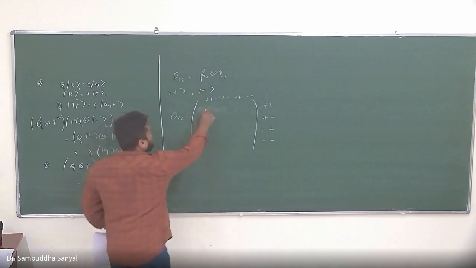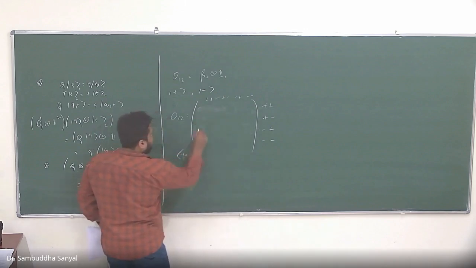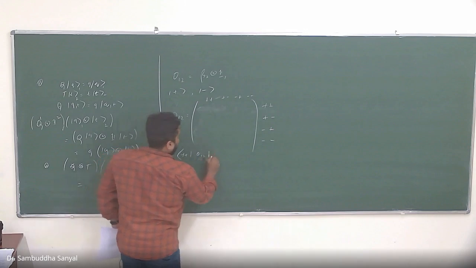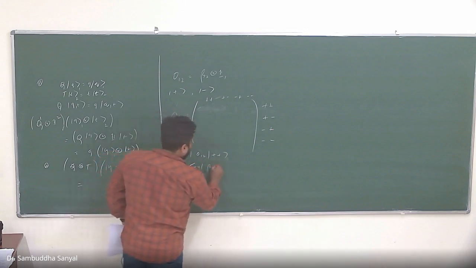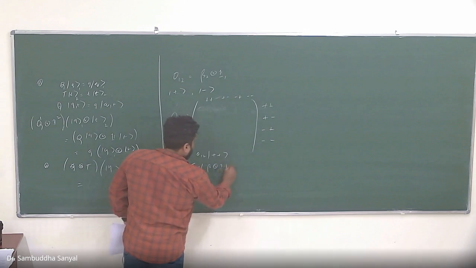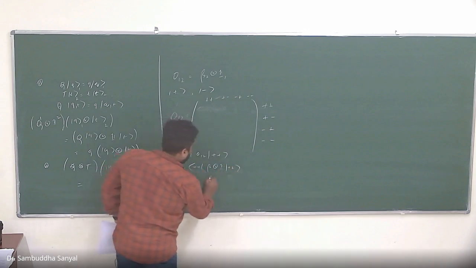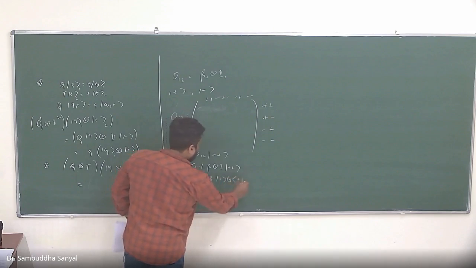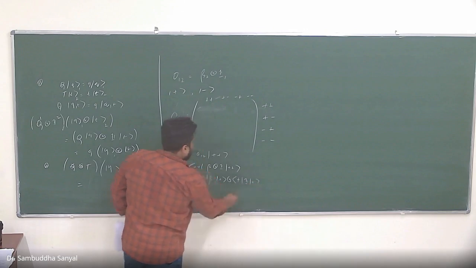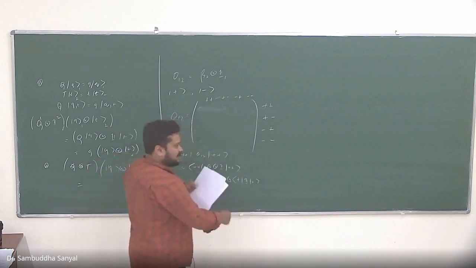Then for each entry I have to compute this. Let's say the first entry will be O12 between plus plus, and that is plus plus, beta tensor identity, plus plus, that beta acting on this. You can show they will split like this, and so on. You can compute all these elements like that.